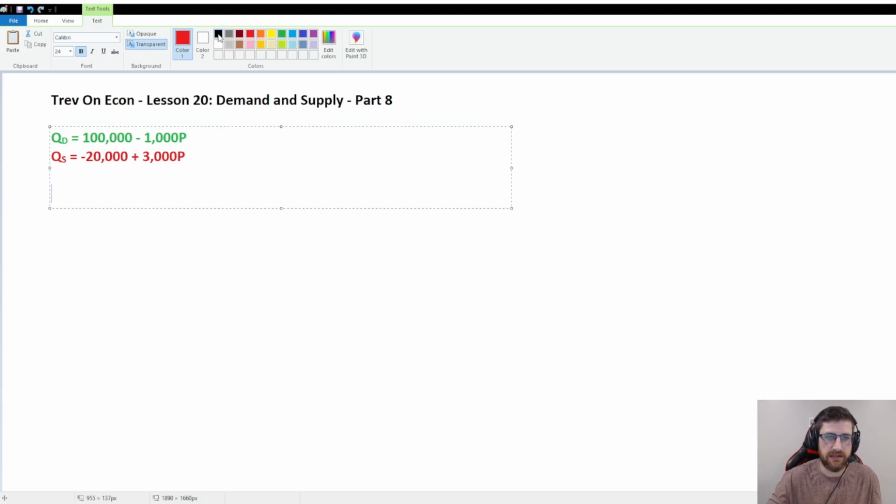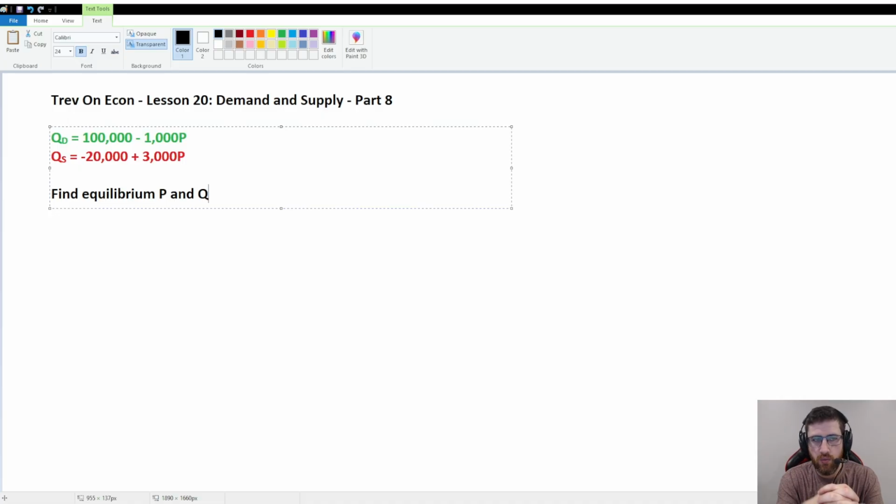And they'll say something like, find equilibrium P and Q. Now, some people this stresses out. If you're not a math person, you hate seeing equations, especially ones with somewhat large numbers. Don't worry, the actual math behind it is fairly straightforward.